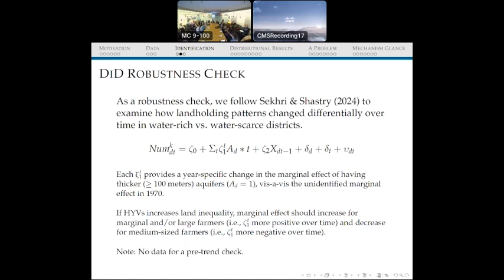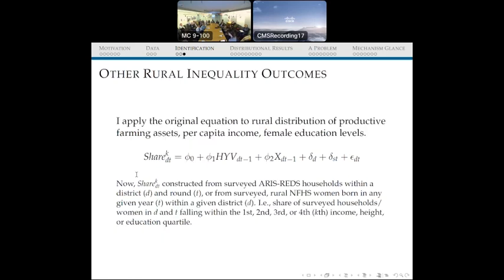I don't have data for pre-trends on this, and so I wouldn't really call this a separate identification strategy because I cannot do the pre-trend checks. It's just a methodological robustness check. And then I'm going to do something similar to look at the distribution of farming assets per capita and female education.